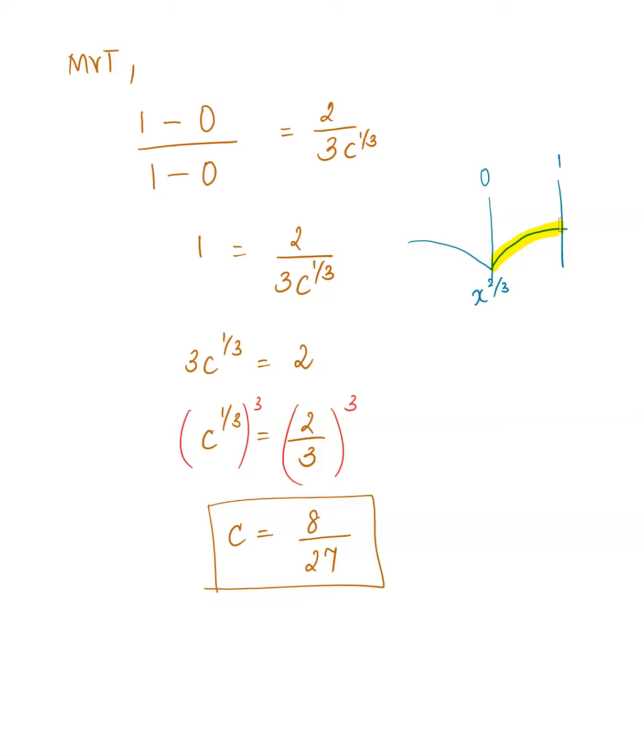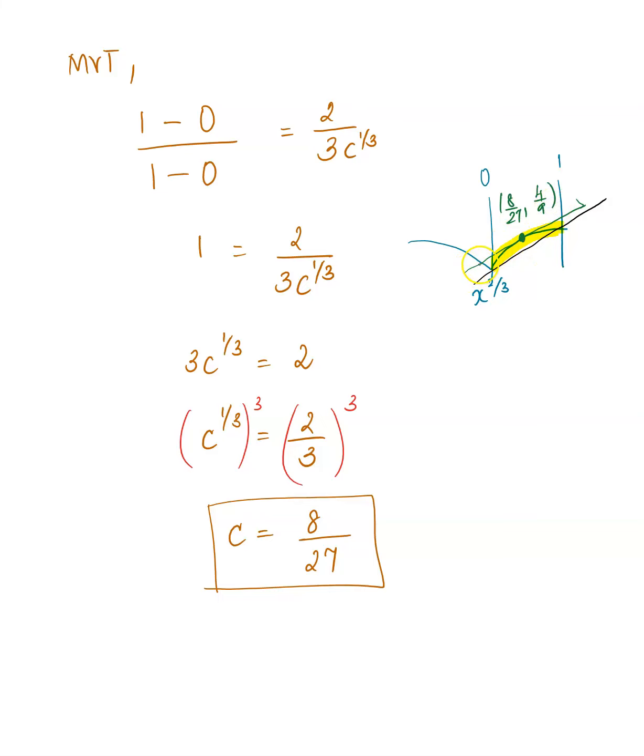MVT is guaranteed. And we are told that at this point, if you connected these two endpoints and you draw a line through them, that secant line, the slope of that line will be the same as the slope of this line, which is at this point 8 over 27, comma, if you plug this in the function, x power 2 over 3, 8 over 27, the whole power 2 over 3 will give you 4 over 9.